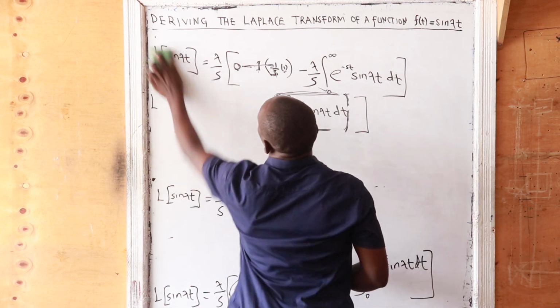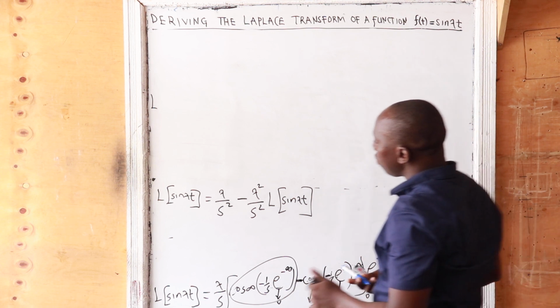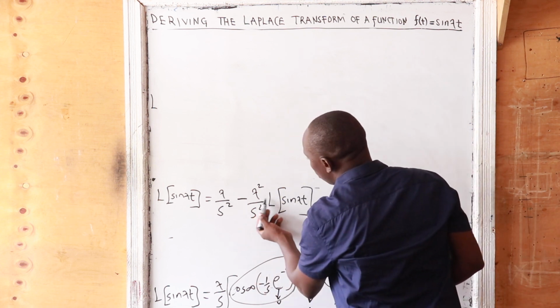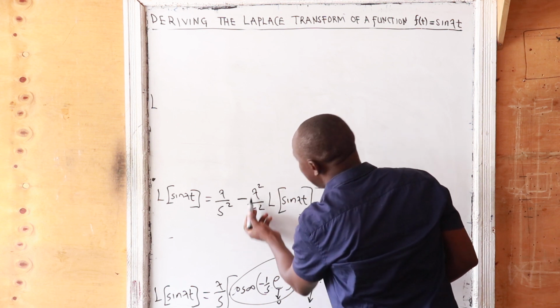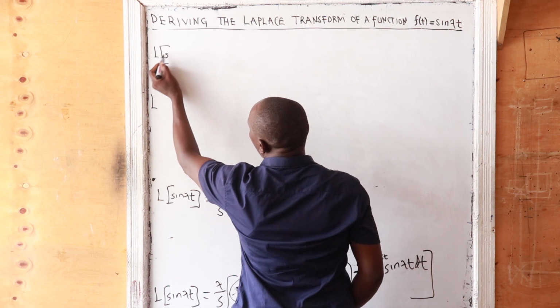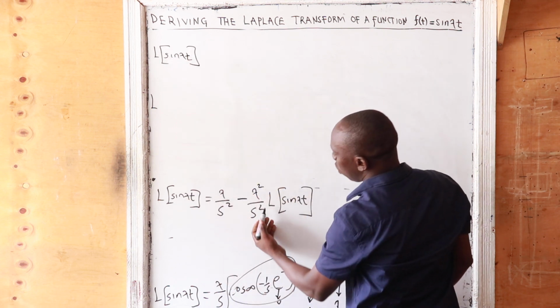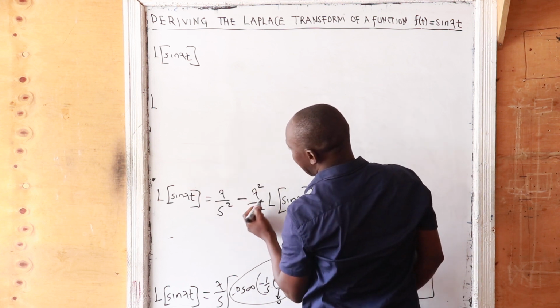So, when we remain with this, let's take the whole of this term to the other side. We are going to get the Laplace transform of sine lambda t. This we take to the other side. Minus becomes a plus.